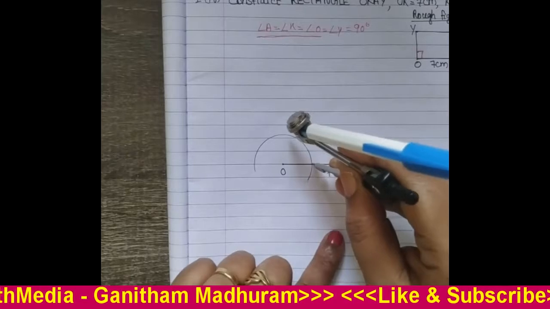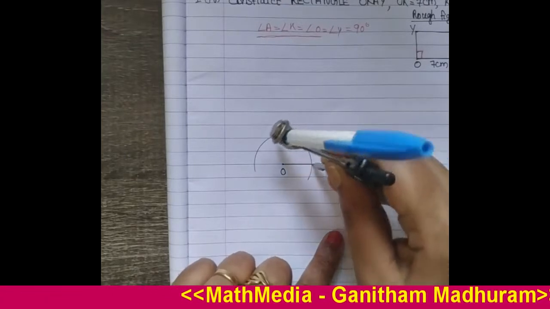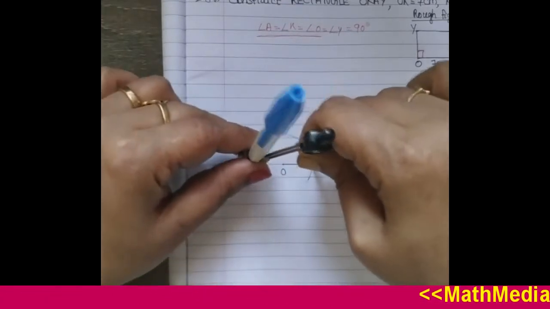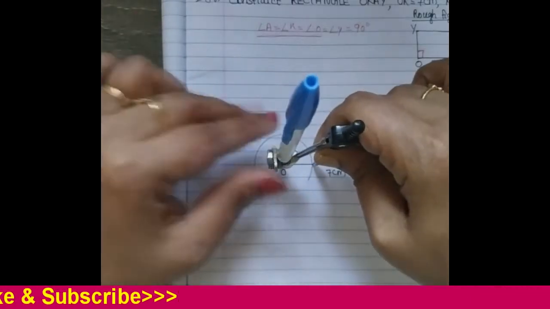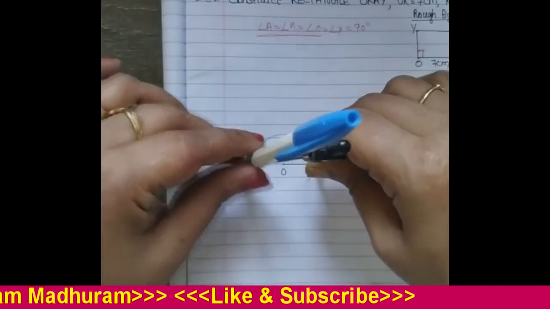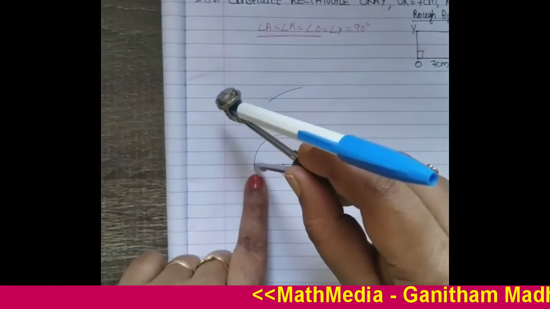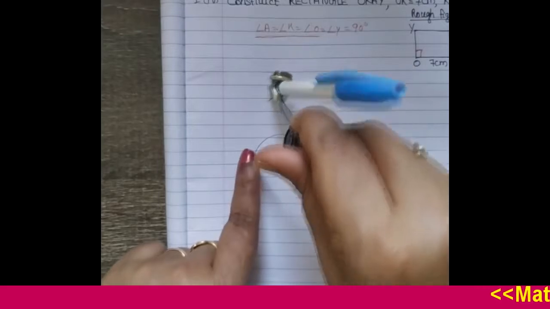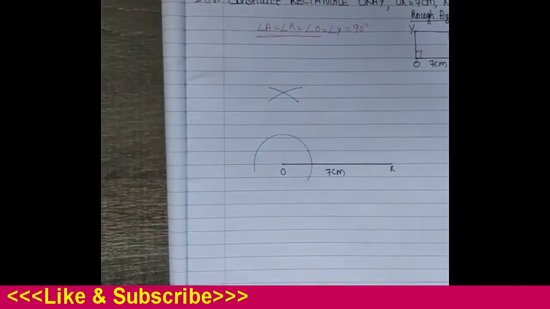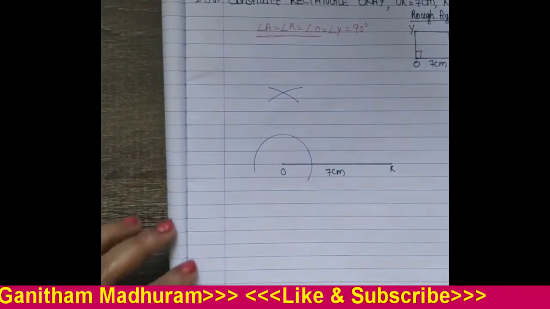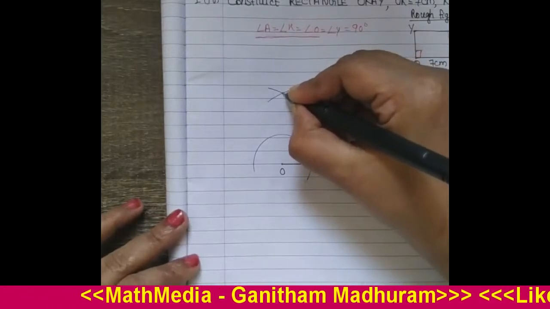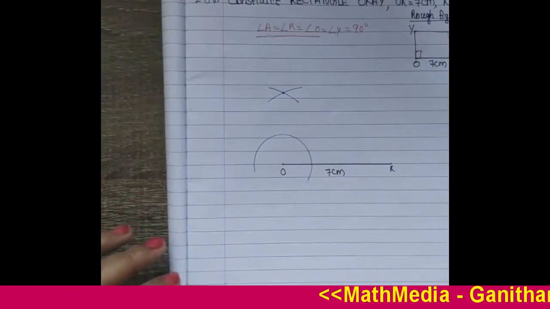So from here, take the radius more than half of this one, and with the center here, I am drawing an arc. With the center here, I have to draw another arc. Mark the point of intersection. We can join this line.